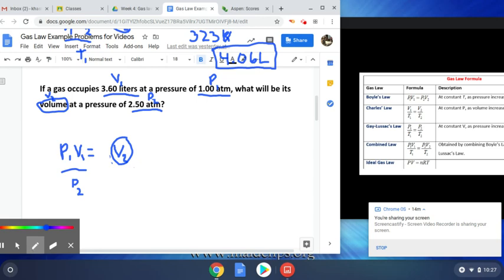So now we go ahead and plug in what we've already labeled.